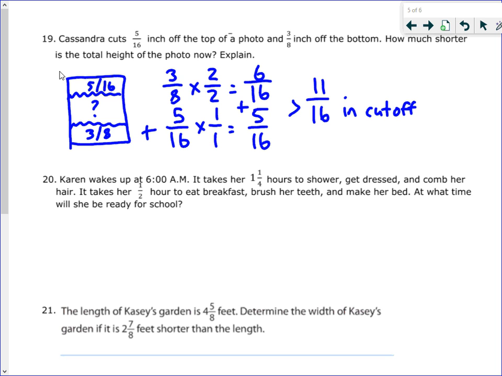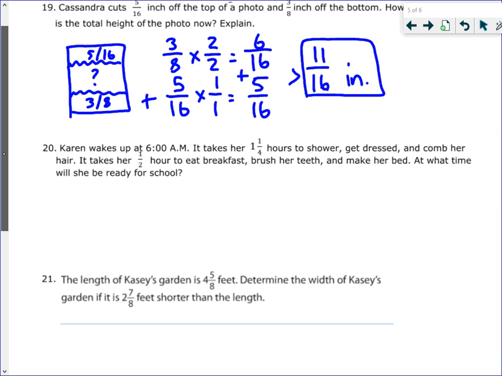How much shorter is the total height of the photo now? So 11/16 inches were cut off, so it's 11/16 inches shorter. You don't have to go any farther than that. You don't need to figure out how much is left over, it's just asking how much shorter it is. So it's 11/16 inch shorter.